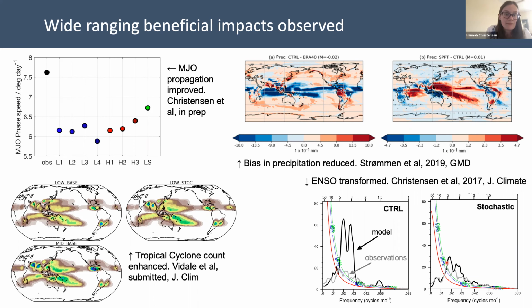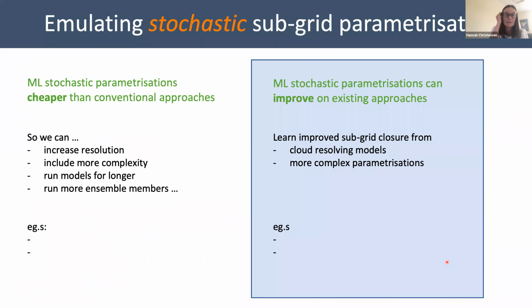Okay, so earlier in the talk, I motivated why we might want to emulate parameterizations using machine learning, and the reasons still stand for why we might want to emulate stochastic parameterizations. Again, we could see cost benefits, and again, we could see improved approaches.